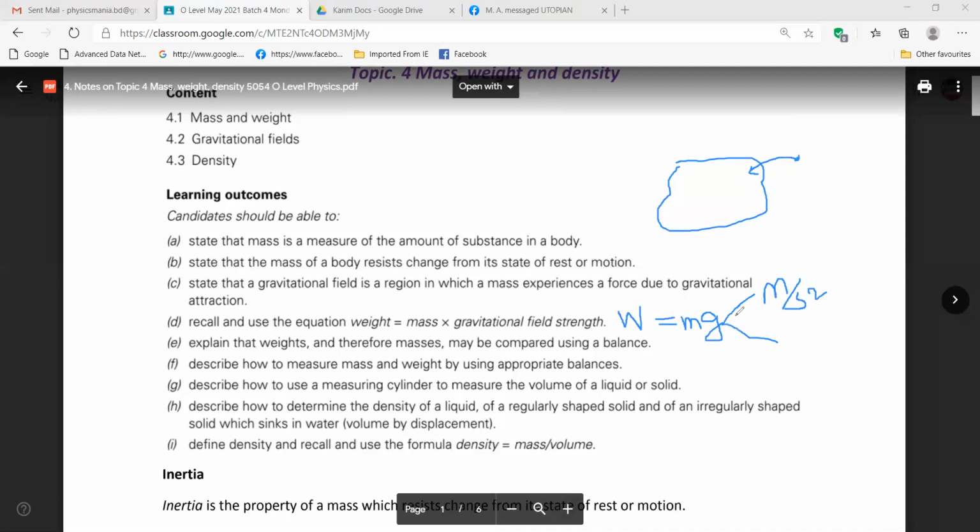That time we say acceleration of free fall or acceleration due to gravity. And when the object is static on the earth, that time we say gravitational field strength. Sir, the unit here, meter per second square, isn't it the unit for acceleration? Yes, that's why we are saying acceleration of free fall.